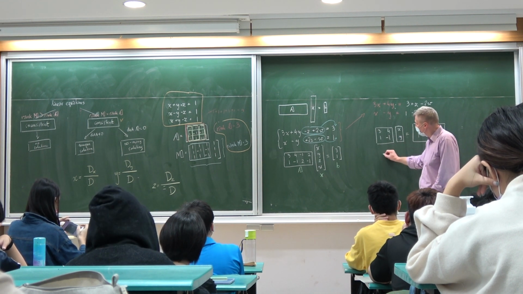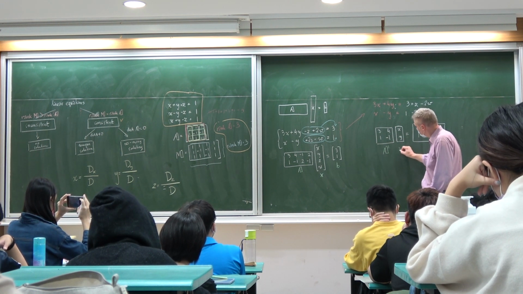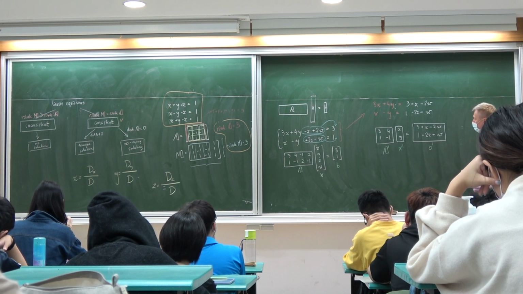Now, this is our new matrix A, call it A prime. This is our new vector X, call it X prime, and our new vector B, B prime.